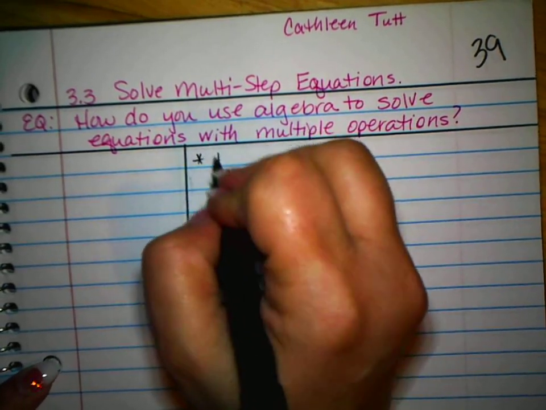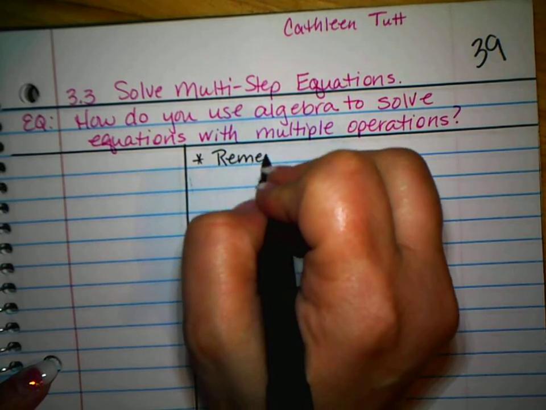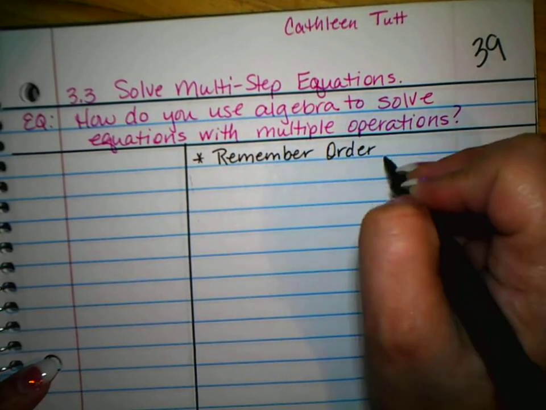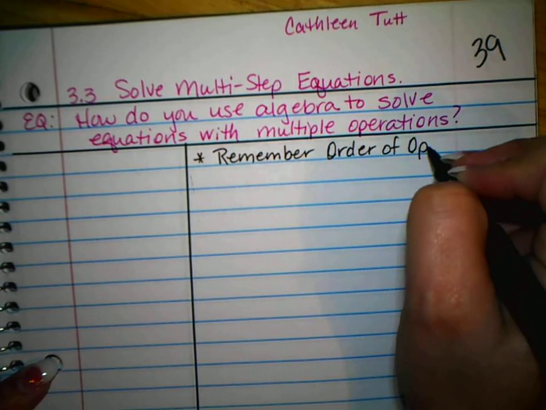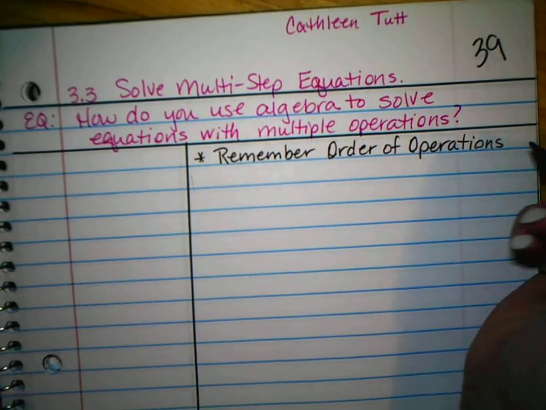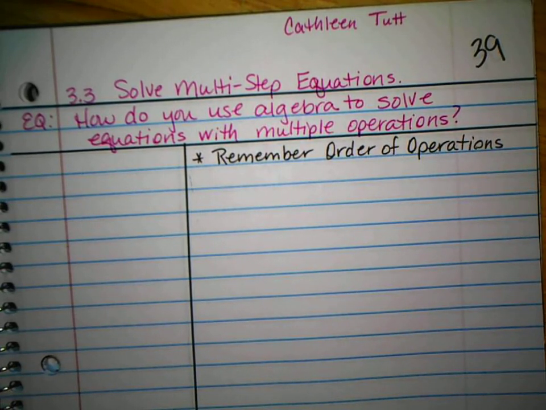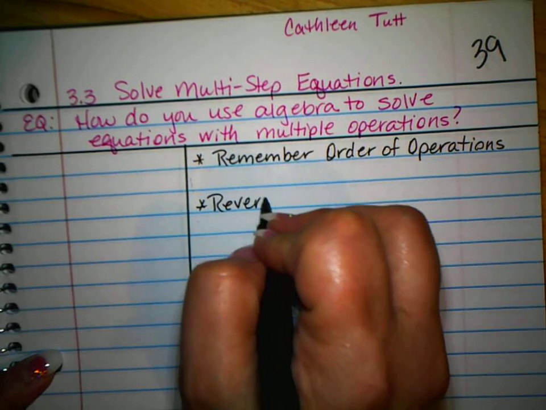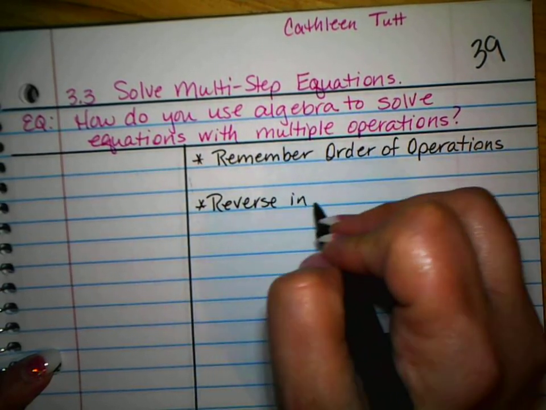I'm going to remind you to remember your order of operations. And what we've talked about the last 2 days, the last 2 sessions, is that you're having to actually reverse that. So we are reversing in order to solve.